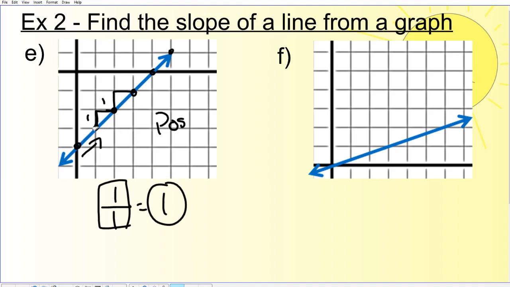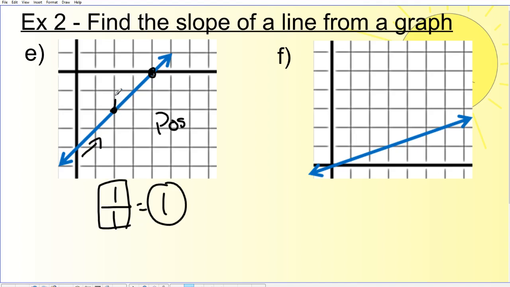Now, what if, play pretend, maybe you didn't see some of these dots. Maybe you only got, let's do these 2 dots here. Would you get the exact same slope that I got? Well, let's see.